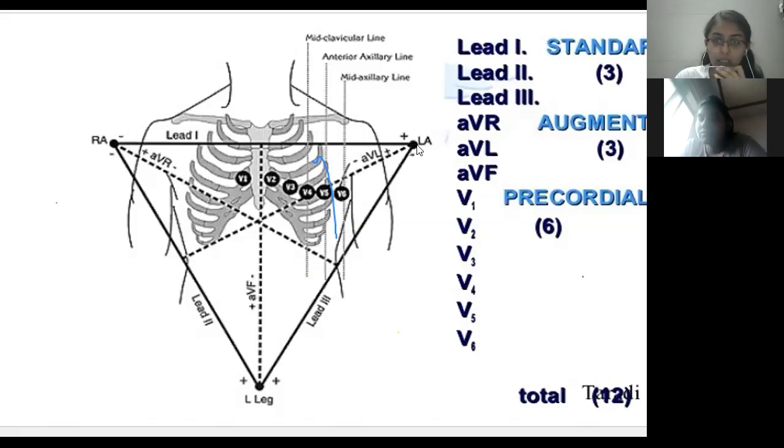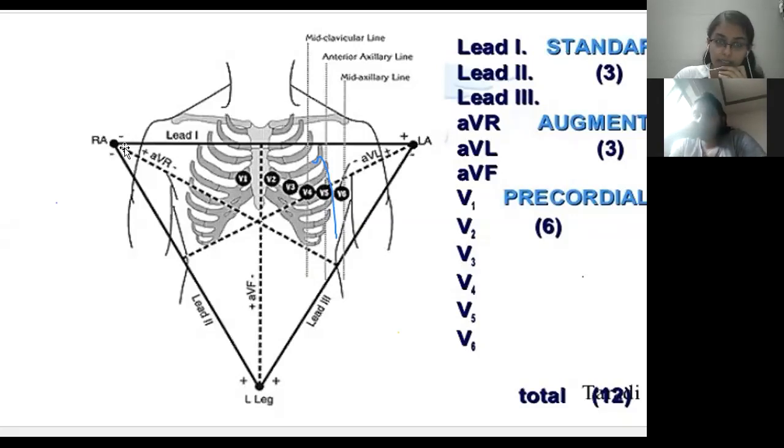Okay, so these are the leads and these are the placement of the lead. Lead 1, the standard limb leads, uses 2 different leads of different current power. Say the left arm is always positive, the right arm is always negative, which together makes lead 1. As you can see, this is lead 1. Then there is right arm and left leg.